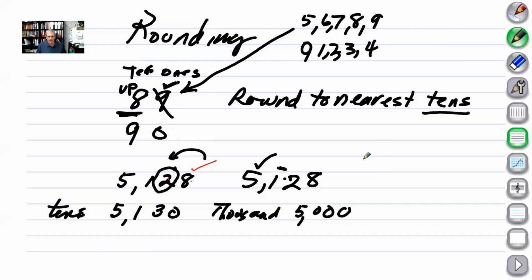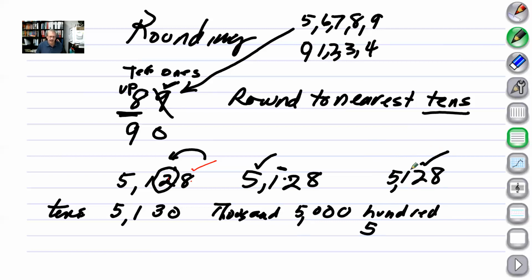Let's do one more here. Take that same number. Okay. See if you can round this to the nearest hundreds. 100 place. Would the 5 stay? Yes. Would the 1 stay? Well, it depends on this number behind it.